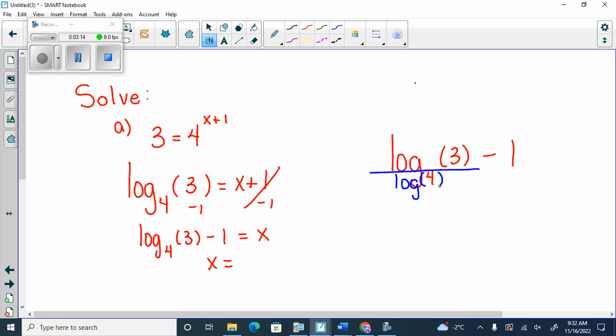Minus 1. Now, anyone with the log base button can type it in that way too if you were like, wow, that's way too easy. I want it a little more complicated. You can go that route. No one's stopping you. What do we get to the nearest tenth? -0.2.